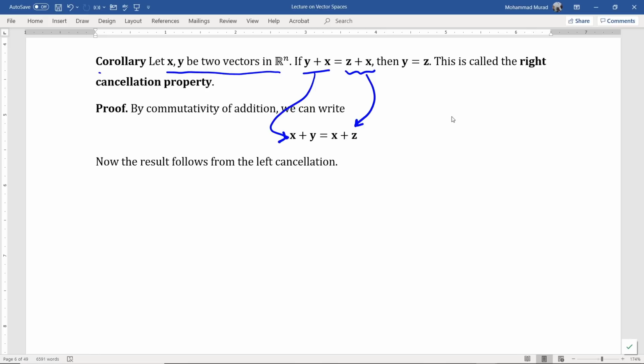And now the result follows from the left cancellation property we just proved a moment ago. So the right cancellation property is an outcome of the left cancellation property and the commutativity of vector addition in the set Rn.